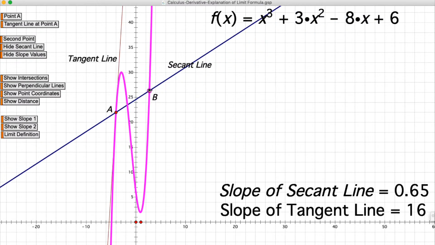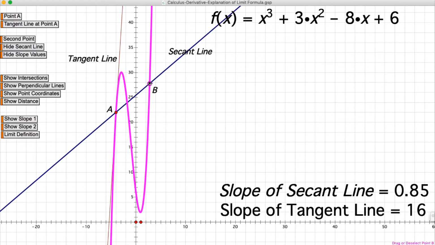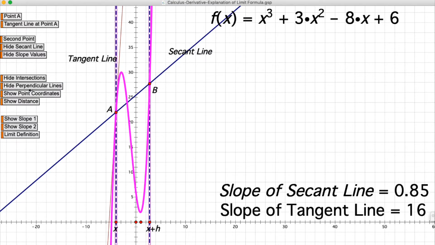So now let's look at what this means algebraically. Let's go back to pre-algebra and algebra, and let's start by identifying these 2 points. Well, look at where they are on the x-axis. I define point A as having an x, and then point B is some distance h away from x, therefore x plus h.